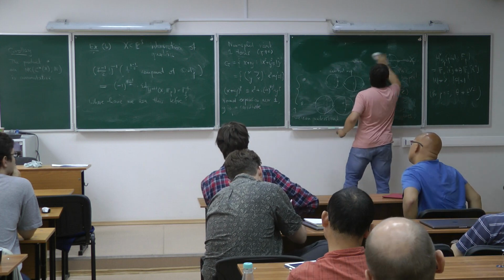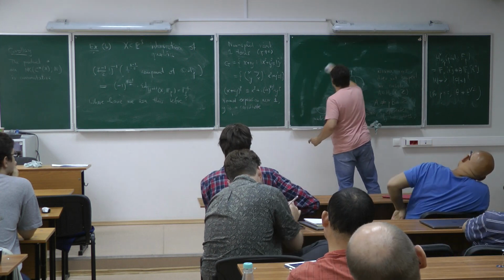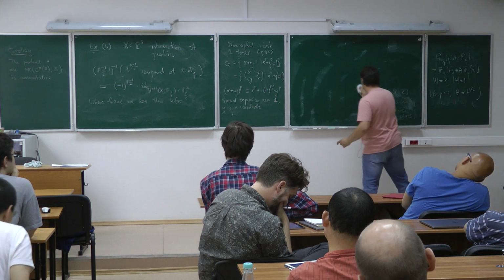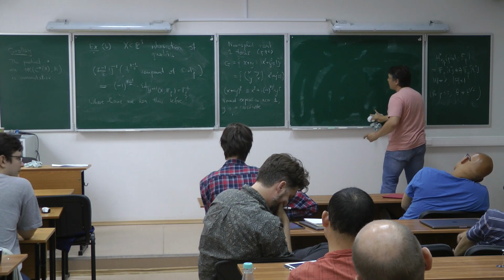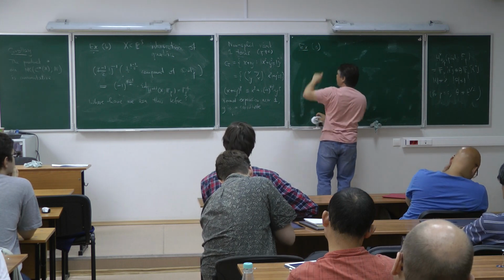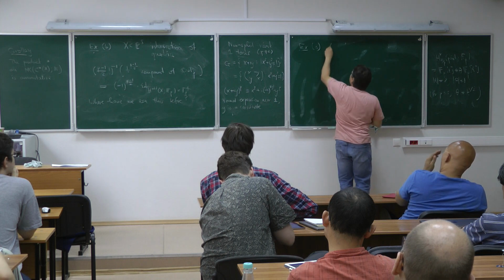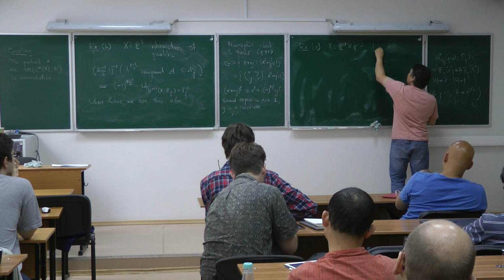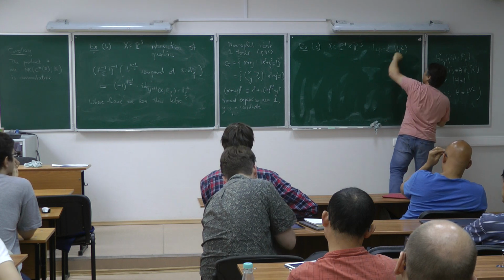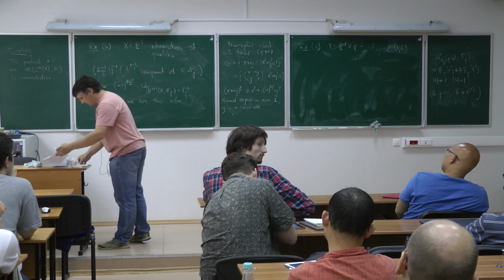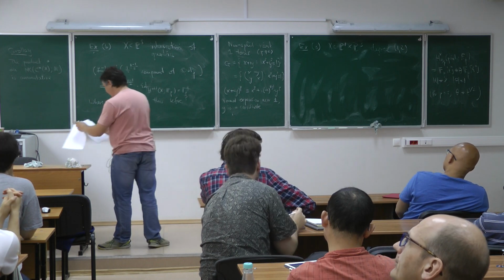So the other example, example A, was X in P1 cross P3 of degree 1, 2. It is a lot more interesting arithmetically, unsurprisingly.